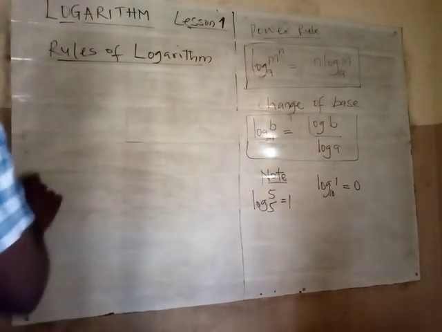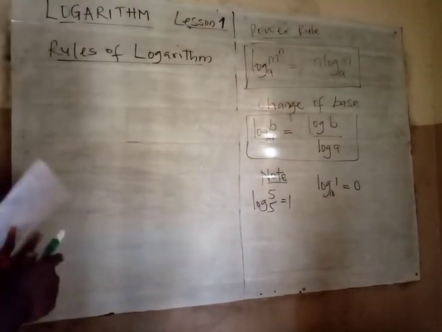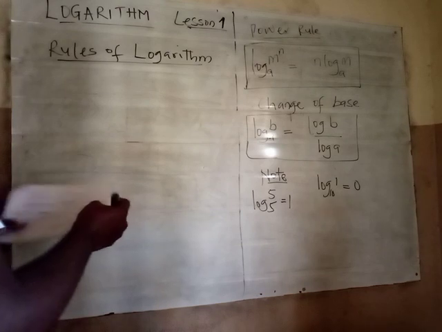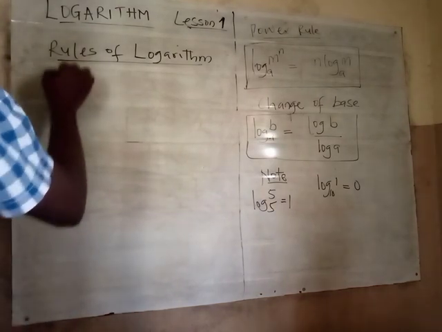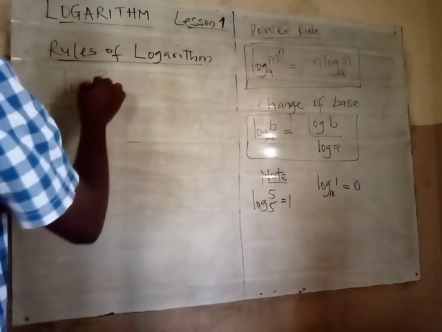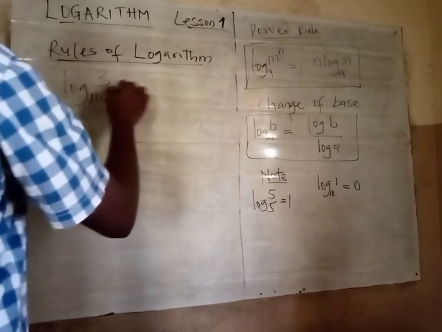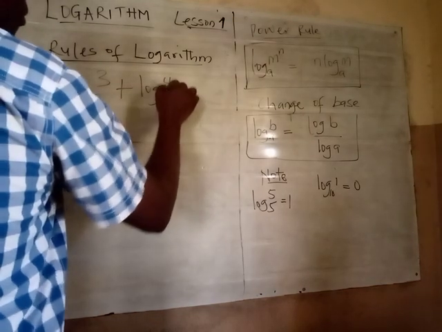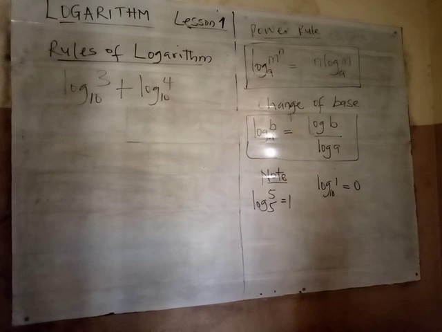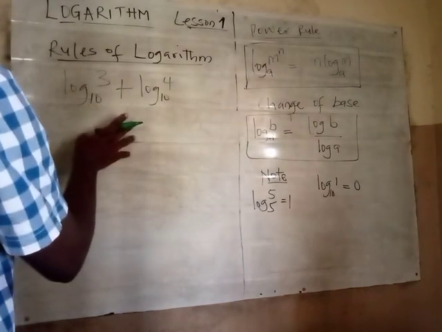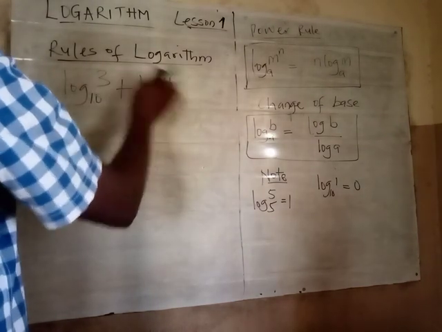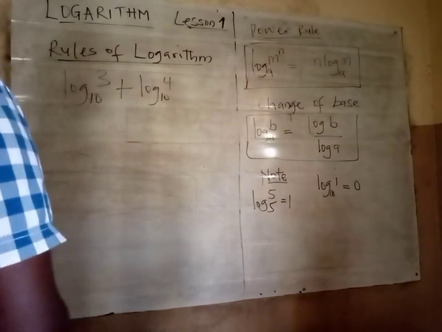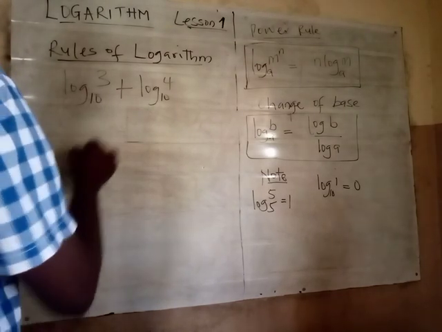Some of the examples will start from the product law. Example of the product: log 3 base 10 plus log 4 base 10. In addition of logs, you multiply the numbers and base 10 remains.